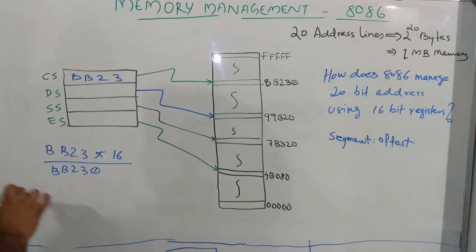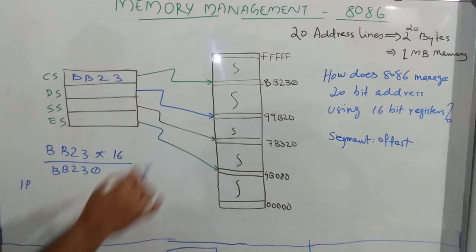And this IP register, the instruction pointer register, will be holding the offsets.